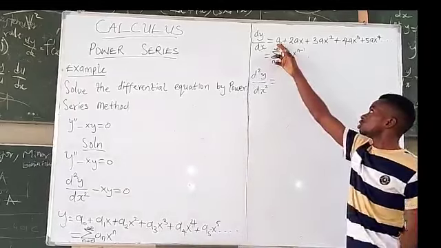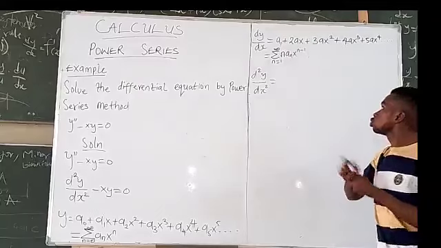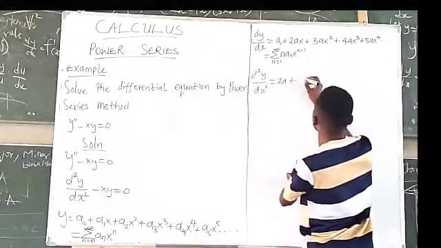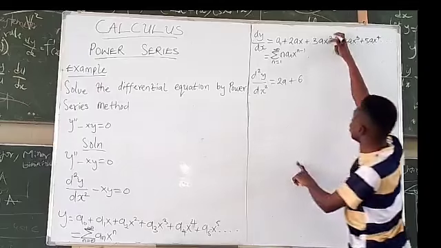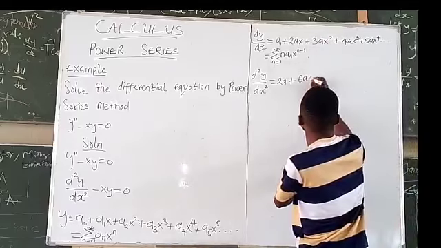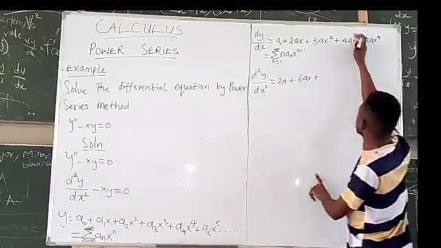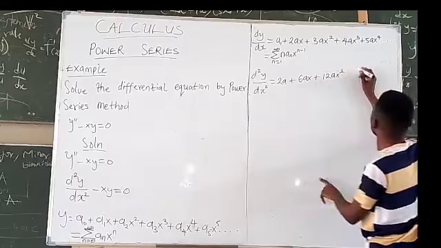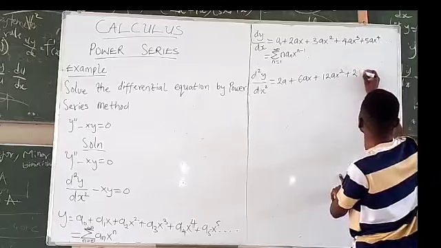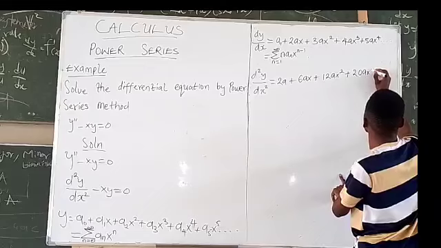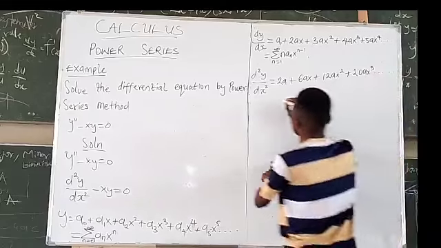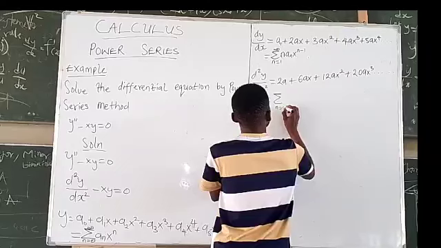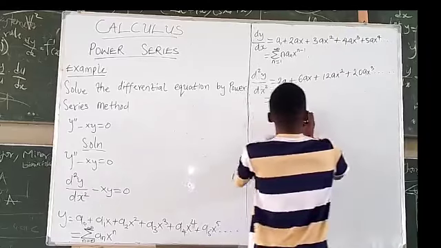If you differentiate this one, 0, so we start with 2a2. Then differentiating this, 2 multiplied by 3, we get 6a3x, plus 12a4x^2, then for this one 20a5x^3, to infinity. The summation, n approaches infinity.